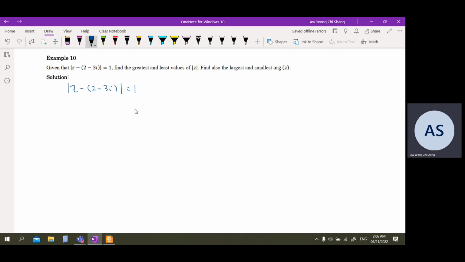So you are given this equation. And find the greatest and least values of modulus z. First task. Second task, find largest and smallest argument z.